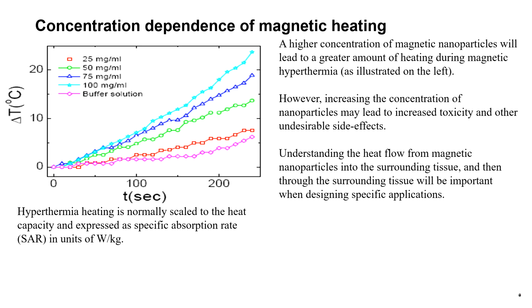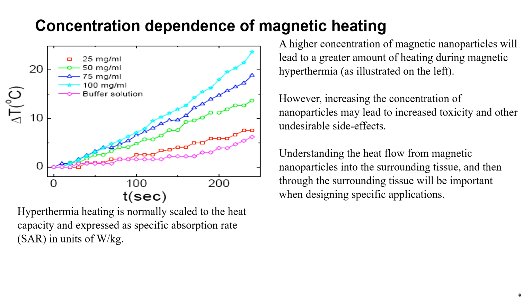A higher concentration of magnetic nanoparticles will lead to a greater amount of heating during magnetic hyperthermia. So this is where you are getting 100 milligram per ml, and a high amount of energy is created, leading to hyperthermia. However, increasing the concentration of nanoparticles may lead to increased toxicity and other undesirable effects. That is the challenge there. So you cannot just use it, but you have to find out the benefits and losses and make your decision.